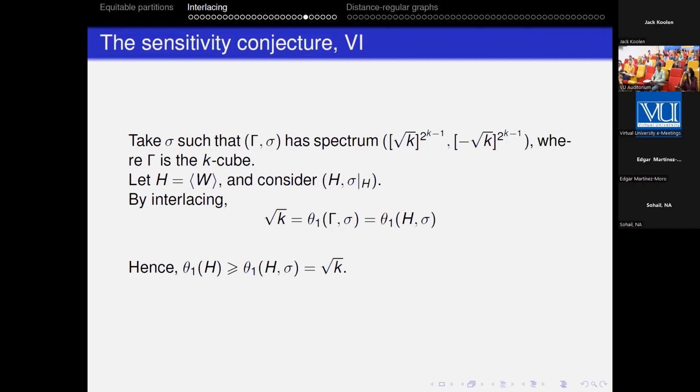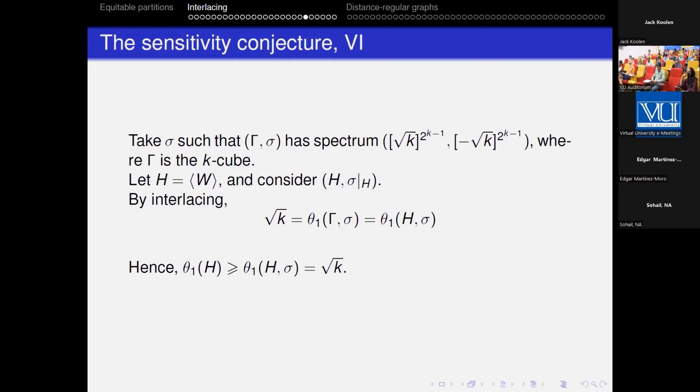And you can have exactly equality if you take one vertex on one side, one of the two parts, and the other vertices on the other. Say you have the red and the blue vertices. You take one blue vertex and all the red vertices. Then you get the K claw.